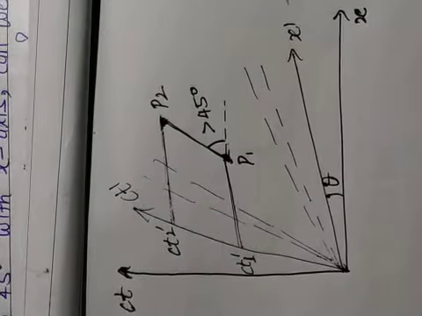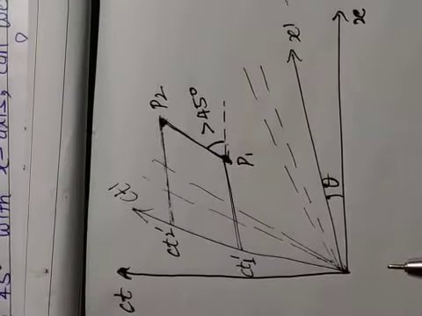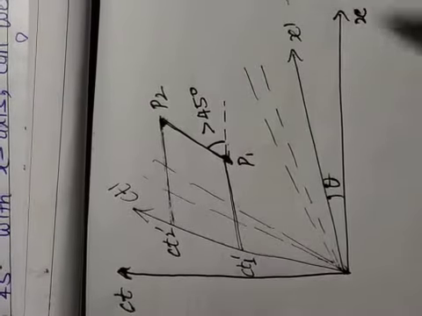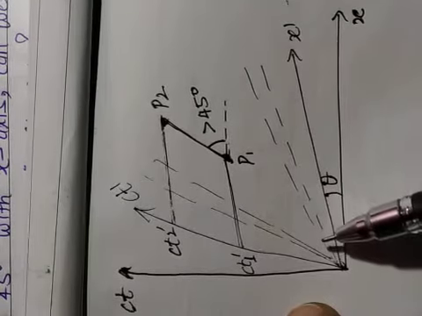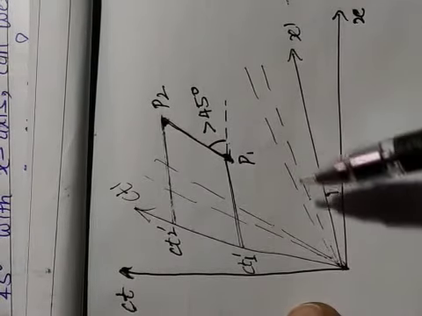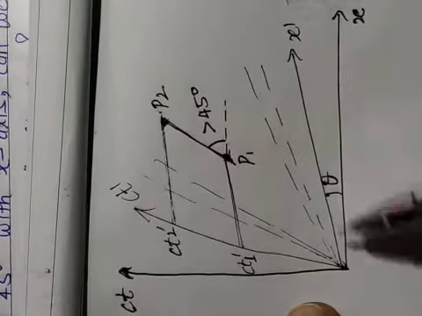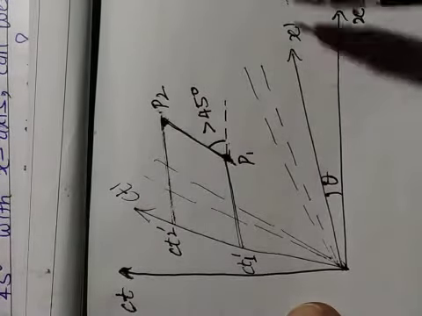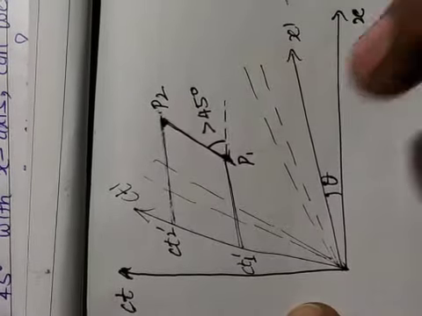You know that there is no such frame in which this line P1 P2 is parallel to the x prime line, so these events are not simultaneous in the S prime frame.